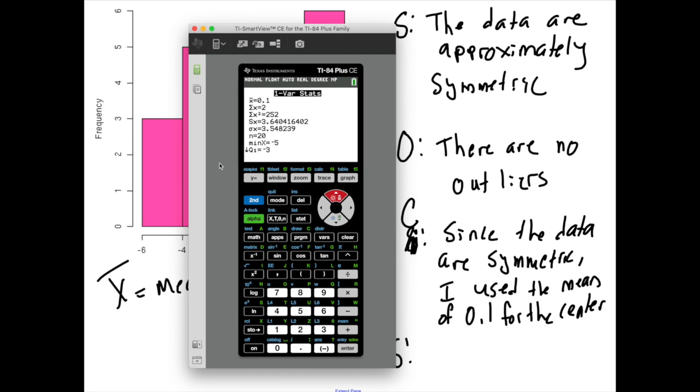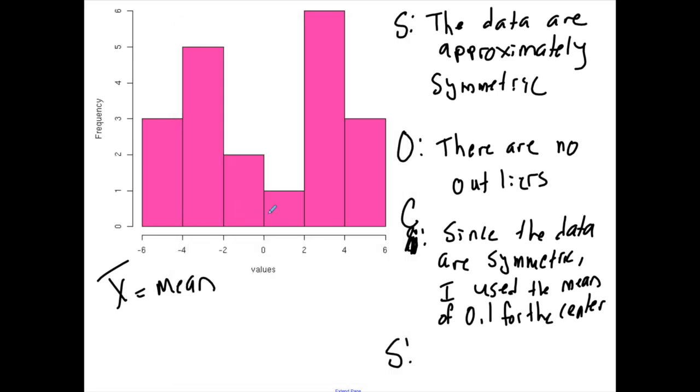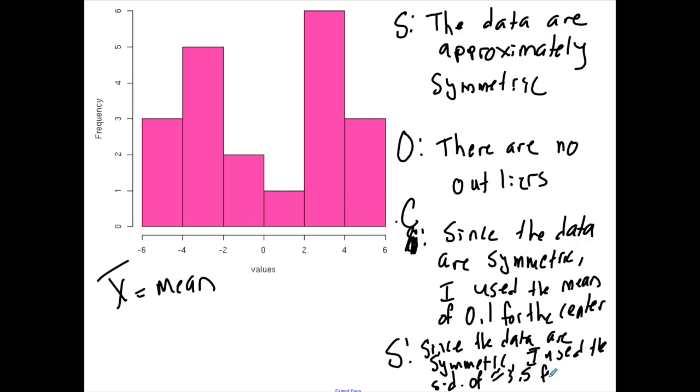It's about 3.5. They could be as much as 3 above, and on average you're about 3 below. All right, that makes sense. So since the data are symmetric, I used the standard deviation of about 3.5 for the spread.